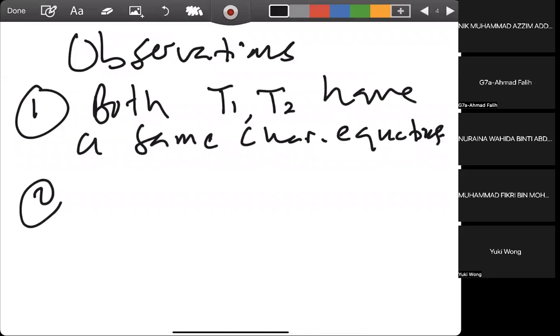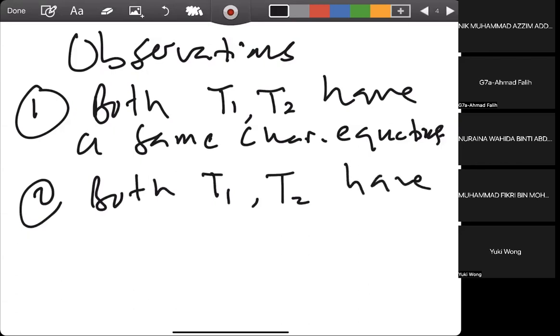Number 2, so if the characteristic equation is the same, so automatically the closed loop poles are at the same spot.